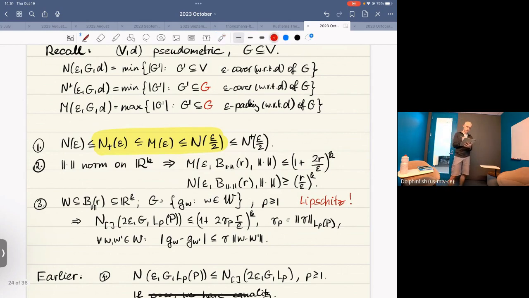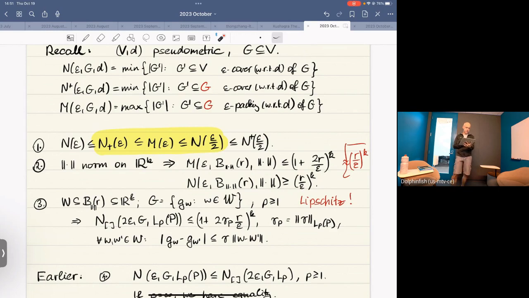Okay, so that's what you should be remembering. That was just coming from some volume considerations, and that this is the right order is shown because we can also lower bound the covering numbers by essentially the same quantity.